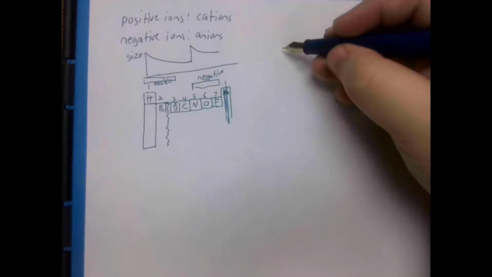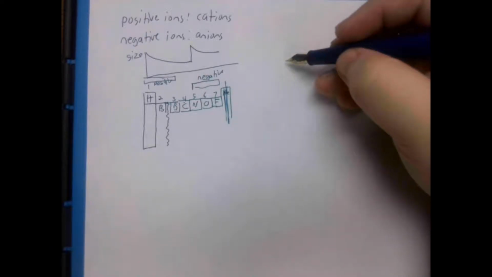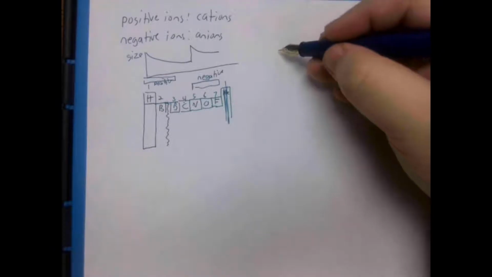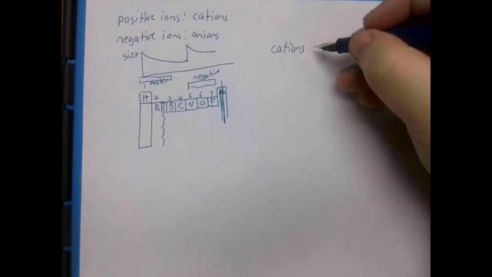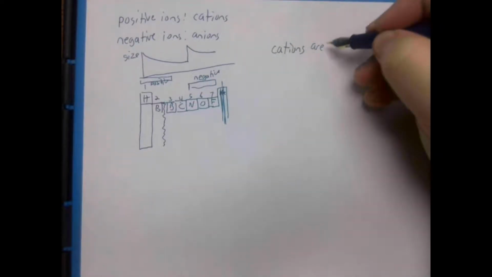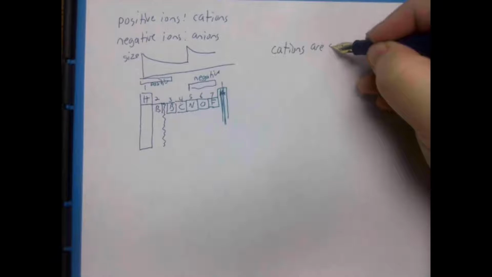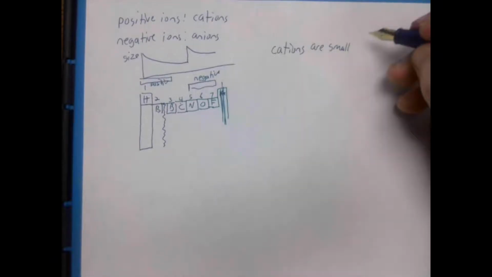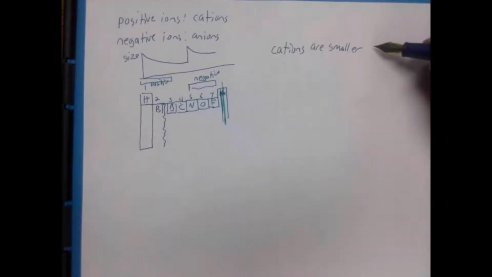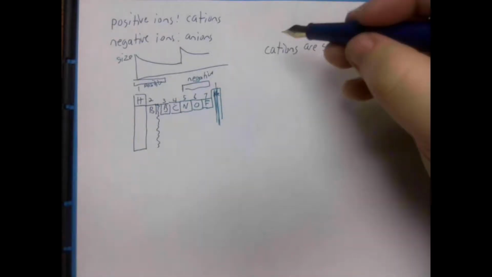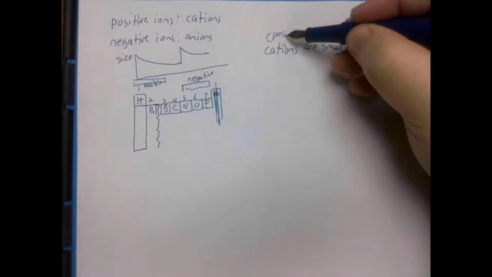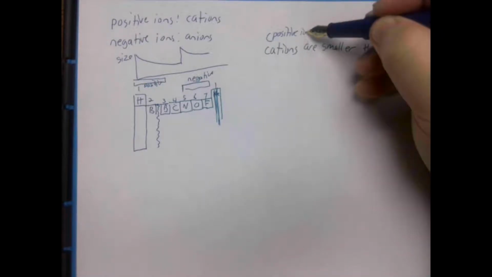The only thing you really need to know about the trend of ion size is that cations are smaller than their neutral atoms, cations meaning positive ions.